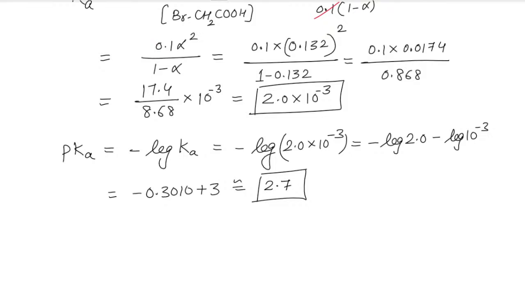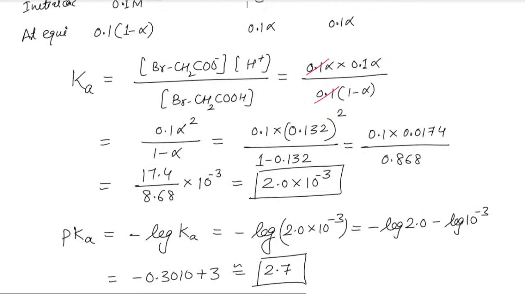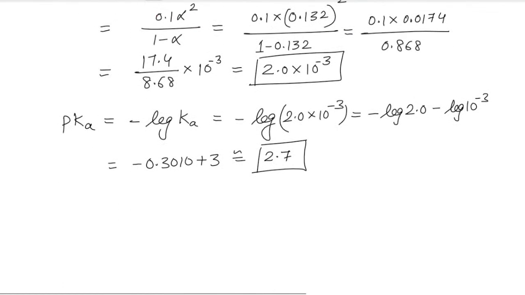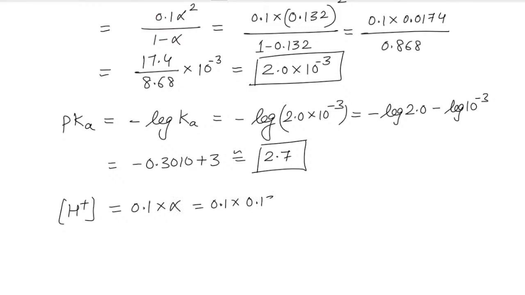Now pH. See, H plus ion is 0.1 into alpha. So the H plus ion concentration is 0.1 into 0.132, that is 1.32 into 10 raised to power minus 2.